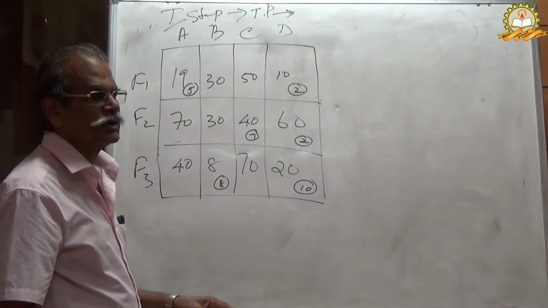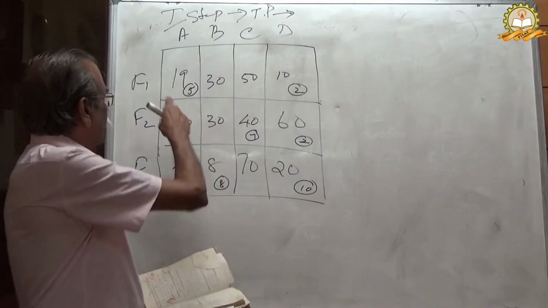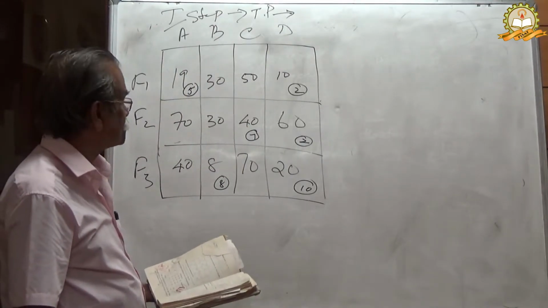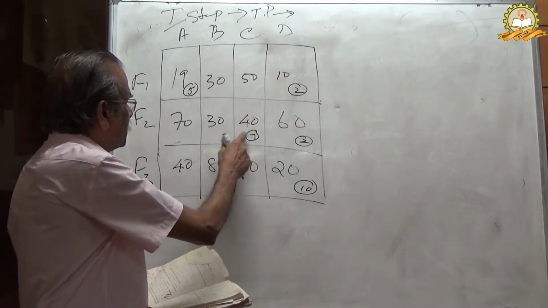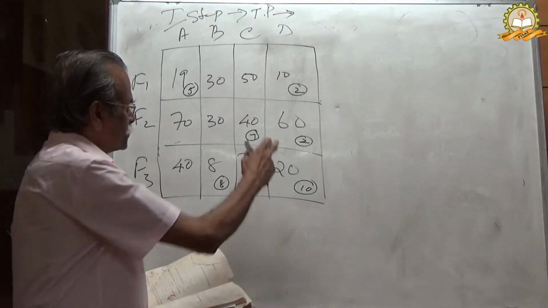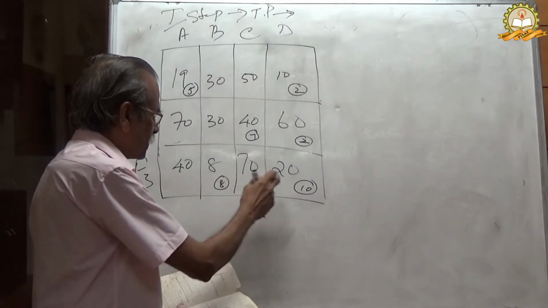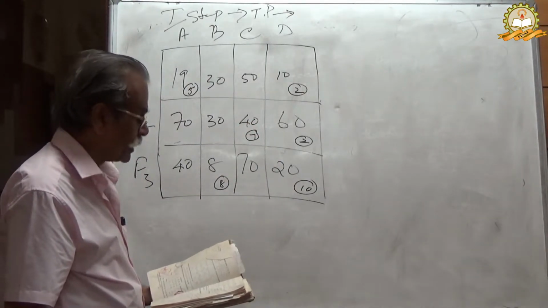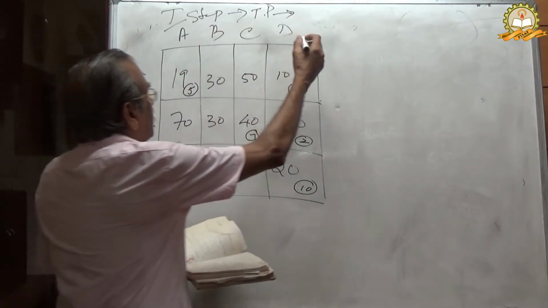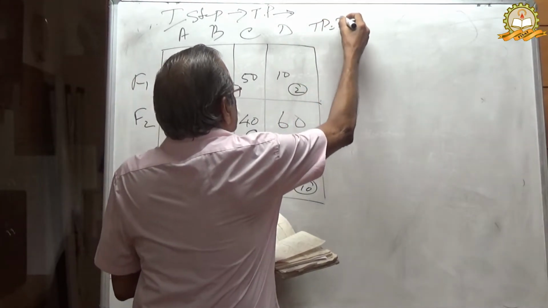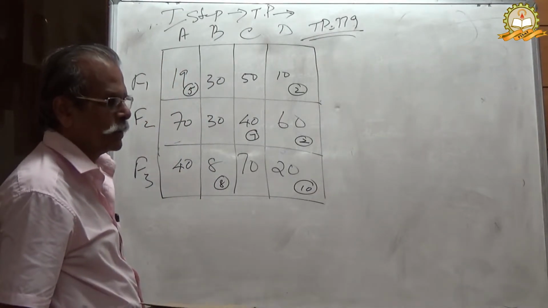And the transportation cost can be 19 into 5 plus 10 into 2 plus 40 into 7 plus 60 into 2 plus 8 into 8 plus 20 into 10 equals 779. TC equals 779.